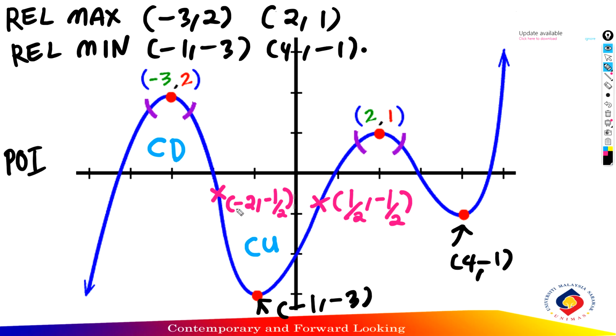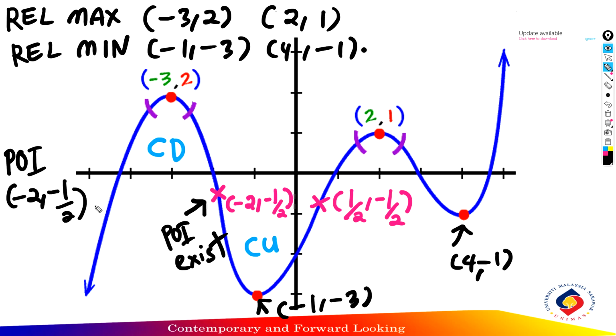The conclusion is that an inflection point exists. So the first inflection point is at (-2, -1/2), and then after 1/2 the graph is concave downward, CD, and an inflection point exists here.